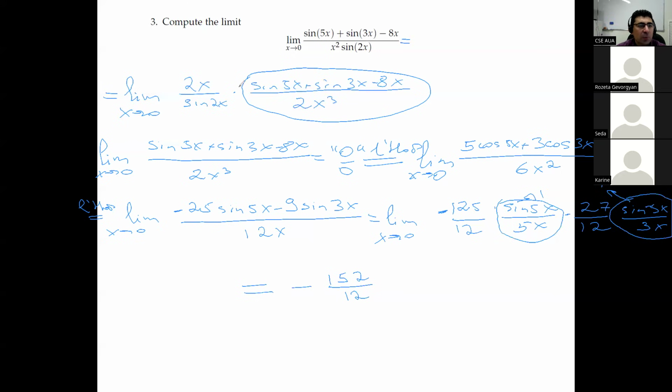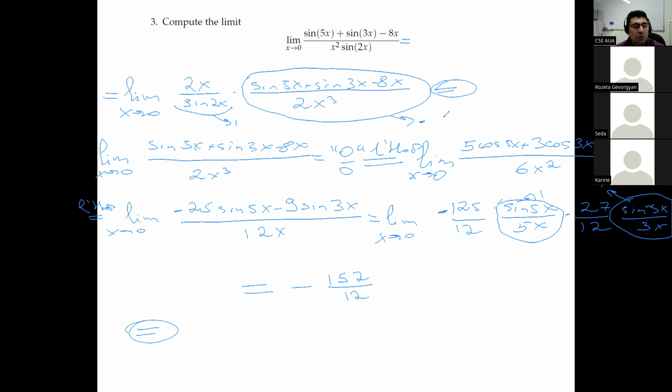Okay, going back to our initial exercise. Yes, the limit is, since 2x over sine 2x again tends to 1, so this tends to 1 and this tends to minus 152 over 12. Can we simplify? Can we divide by 4?